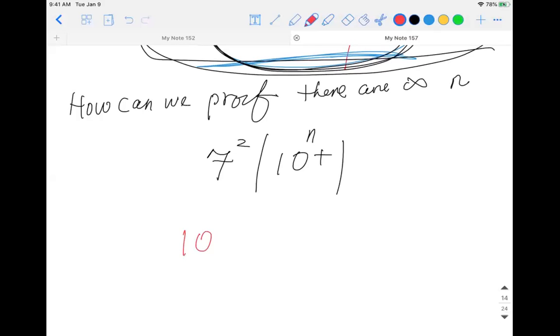Because according to Euler's formula, right? Euler's totient formula, this one is this. Any objections to here? This is phi of 49. Euler's totient formula, 10 to the power of phi 49 is congruent to 1 modulo 49.